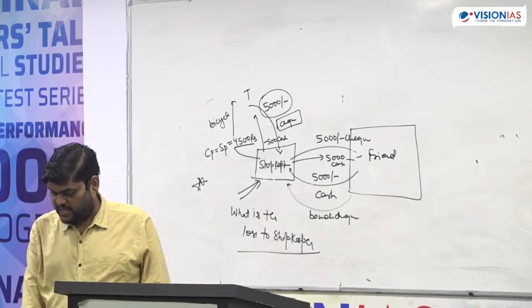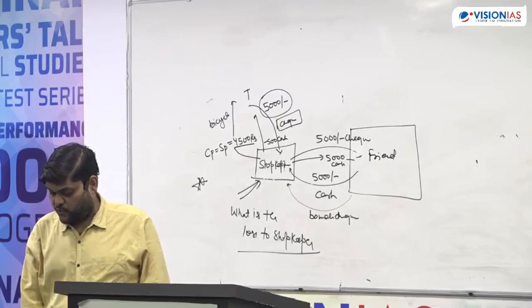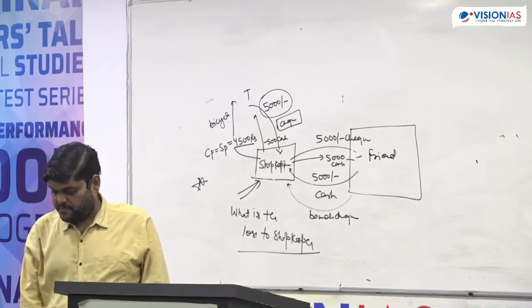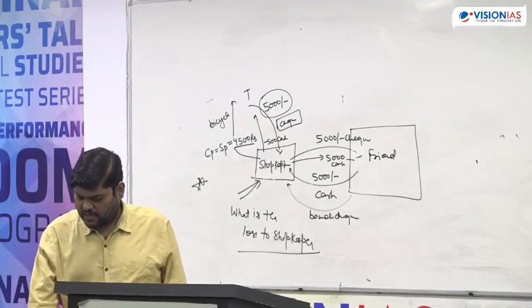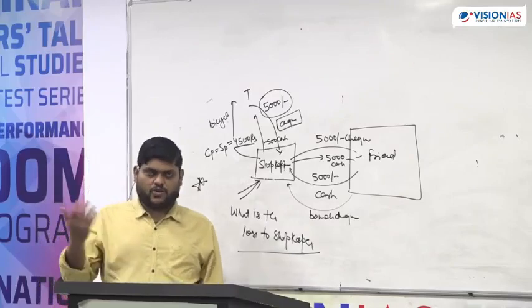Somebody has given it in percentage also, 122.22%, 5,500. Loss of bicycle plus 5,000, 10,000, 5,500 because the check is bounced. Okay, 5,500, loss of 500 only. Many of you have given the correct answer. There are a lot of messages.